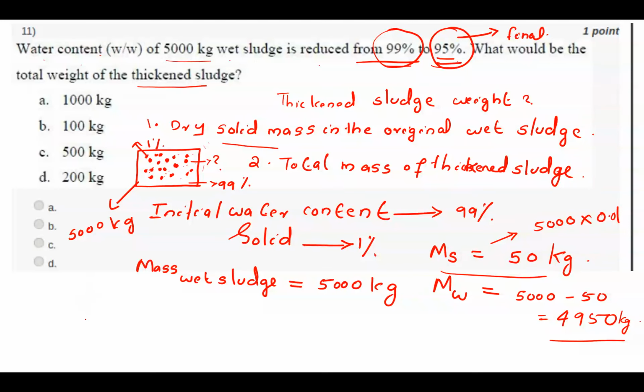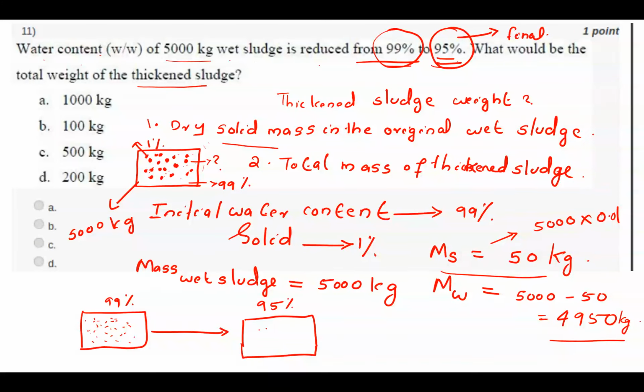So here, this is the first state. Here the 99 percentage wetness, the total sludge, then finally it will become 95 percentage.